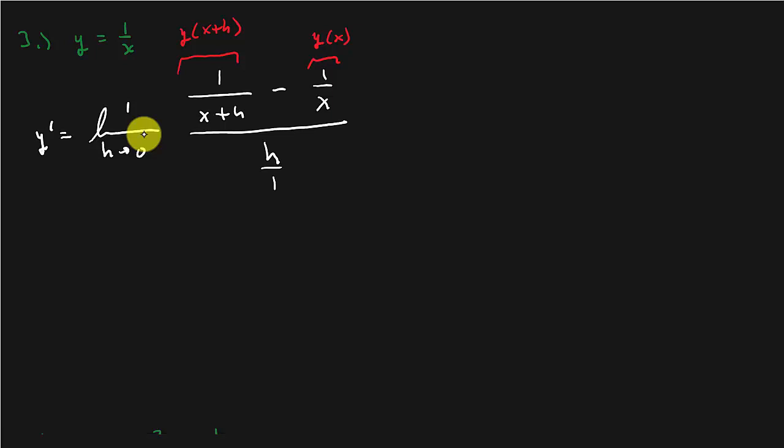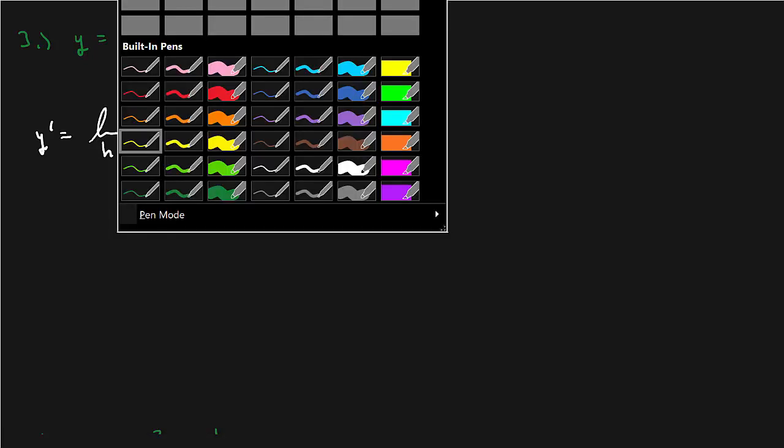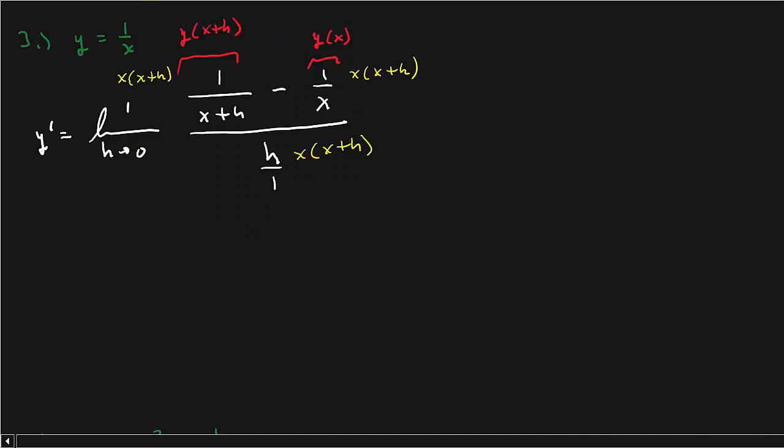So what's the common denominator? It's x times x plus h. All I'm doing is multiplying each term times the common denominator. That's all I'm doing. And so what that does, look at this.